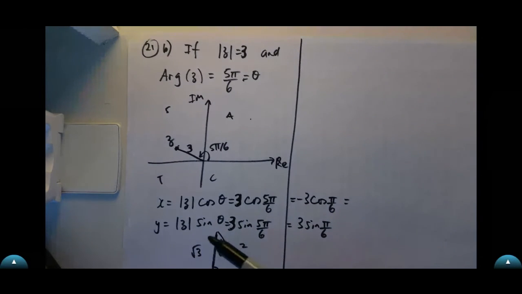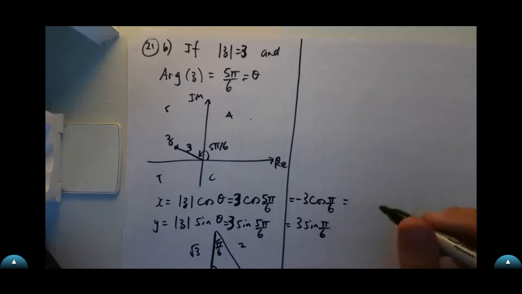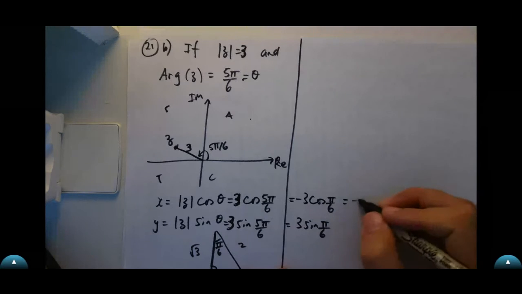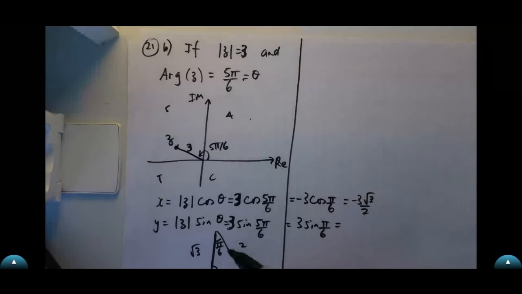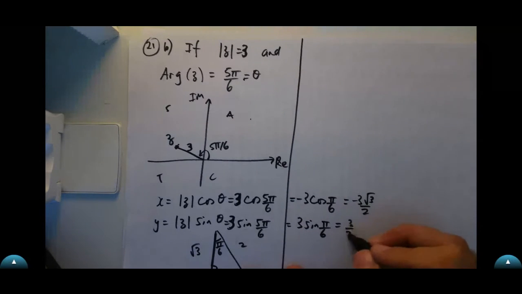So cosine of pi on 6 will be adjacent over hypotenuse, root 3 on 2, and sine will be opposite over hypotenuse.